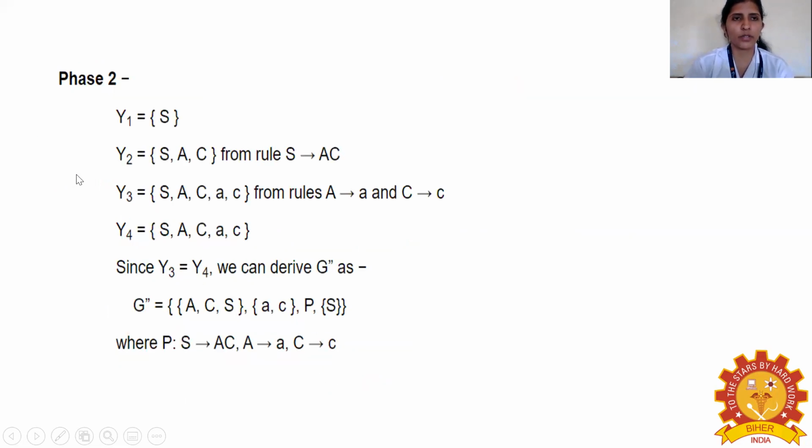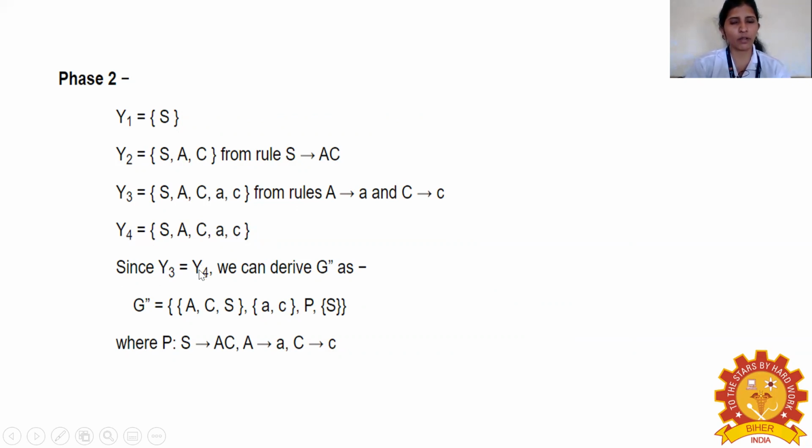Phase 2 is where we now go for the reduction method, that is, y1 is equal to S, and y2 is equal to {S, A, C} from the rule S → AC, and y3 is equal to {S, A, C} from the rules A → a and C → c, and y4 is equal to {S, A, C}.